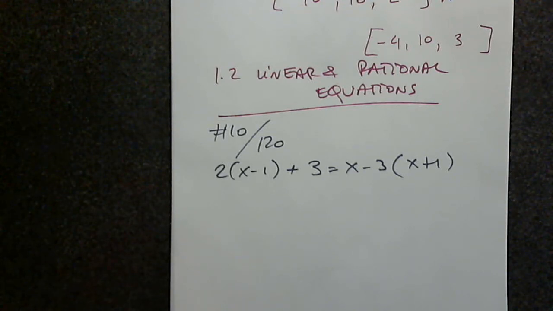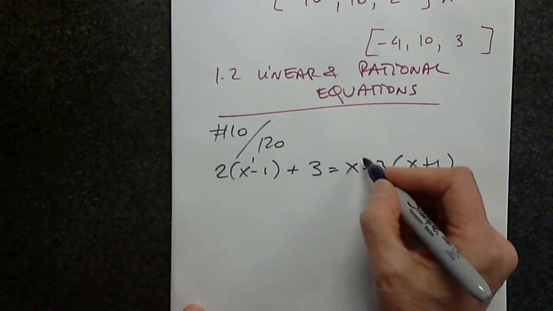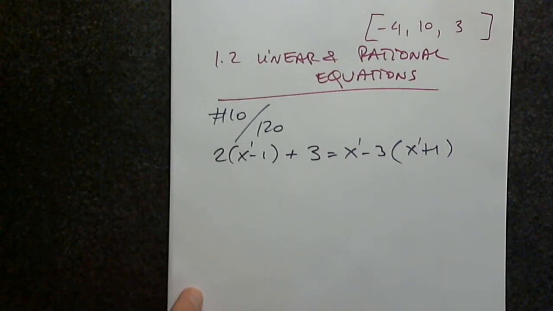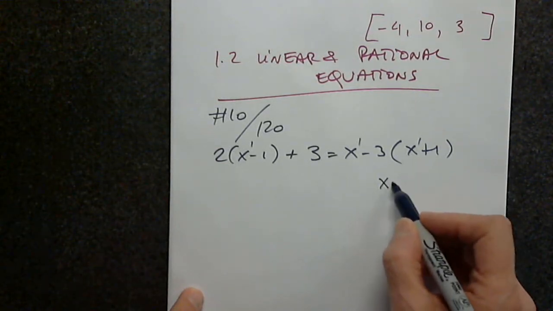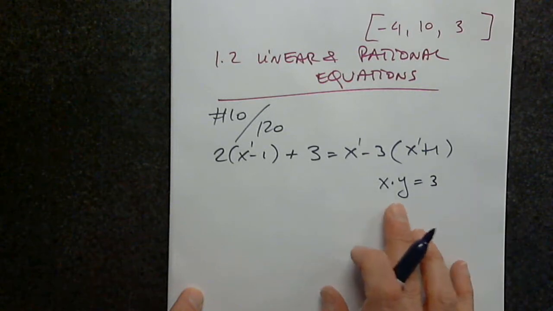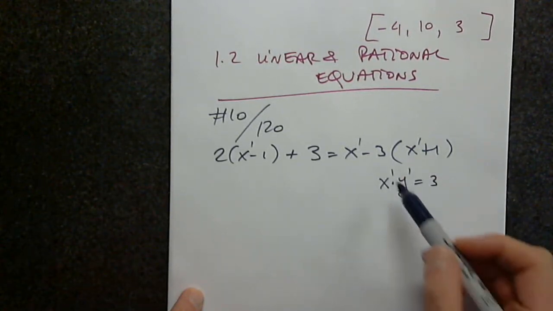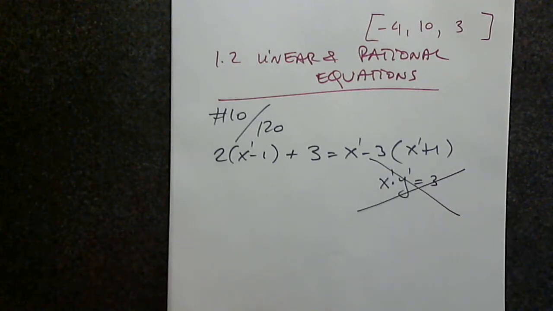A linear equation, first of all, requires that the variable has power 1. Only power 1, not power 2, 3, or 1 over x. If we have a product of two variables, you can say this is linear, right? Power 1, no. It's not linear if it has two variables and they are multiplied.